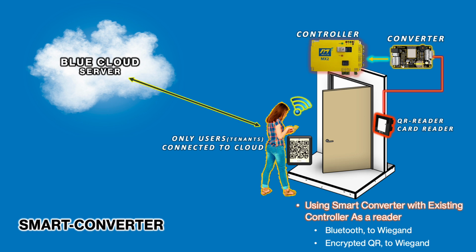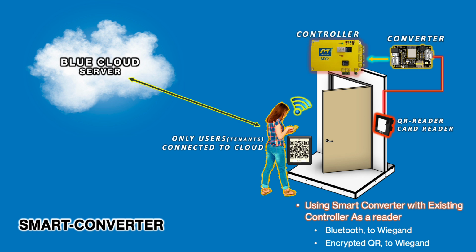So you manage only the Bluetooth or QR accessibilities using the Blue Cloud, then leave all the rest of the functionality to the controller. If the existing controllers have software or reports and anything, you can use the existing one without any interruption.